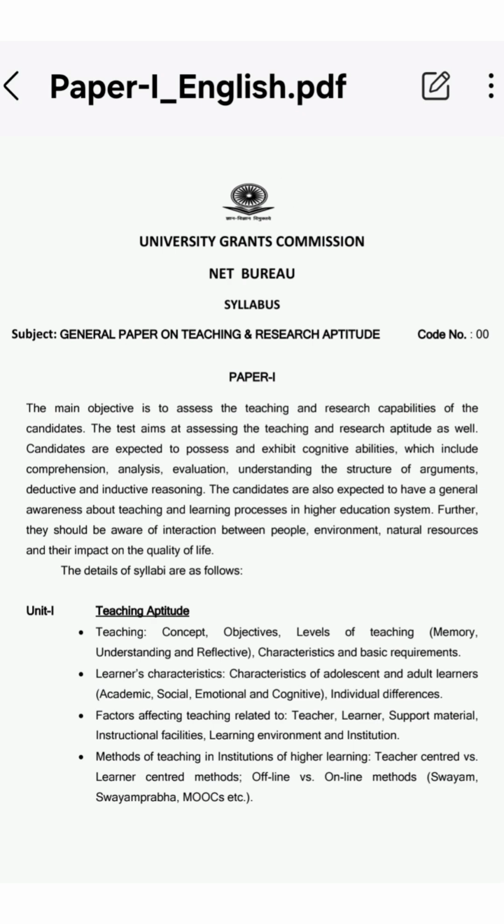Now, learners' characteristics: characteristics of adolescent and adult learners, academic, social, emotional and cognitive, individual differences. Factors affecting teaching related to teacher, learner, support material, learning environment and institution, instructional facilities.